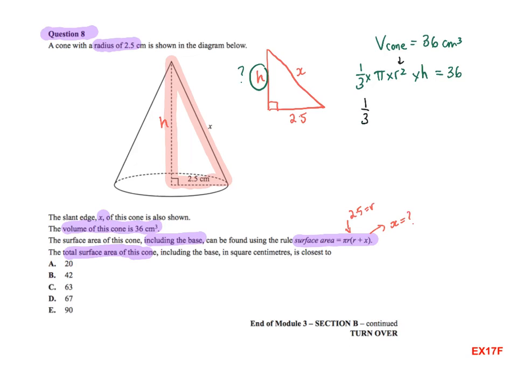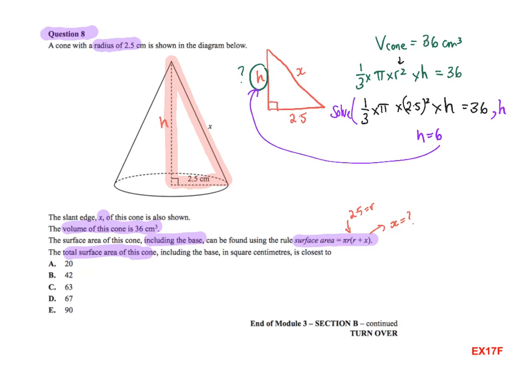So couldn't I write this out as 1/3 times pi times 2.5 squared times h equals 36. How many unknowns do I have there? 1. Good. So I can pop in solve, comma, h, and you'll find out that h equals 6 when you do that. So now I know h, I can put it up here.